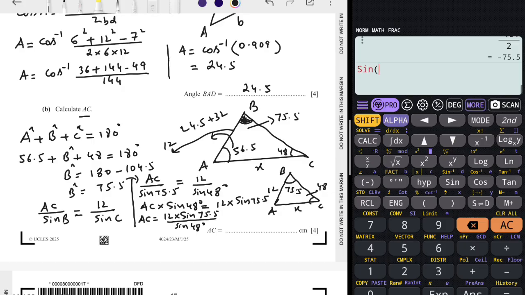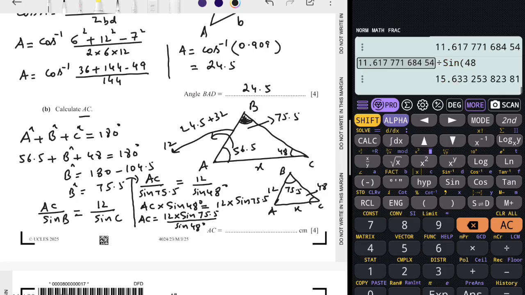We use the calculator. Sine 75.5 is this much, multiplied by 12 divided by sine 48. So the final answer will be 15.63.